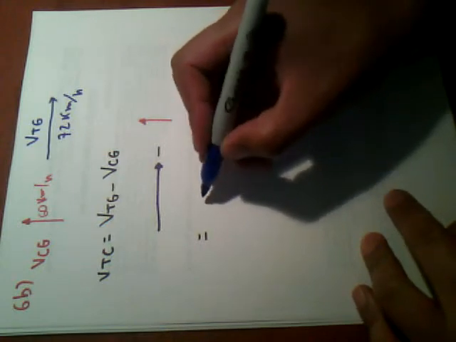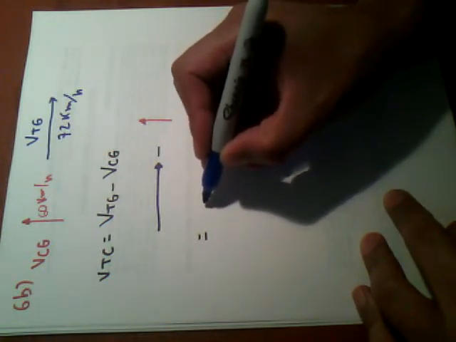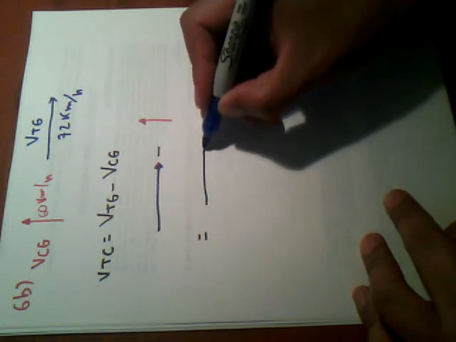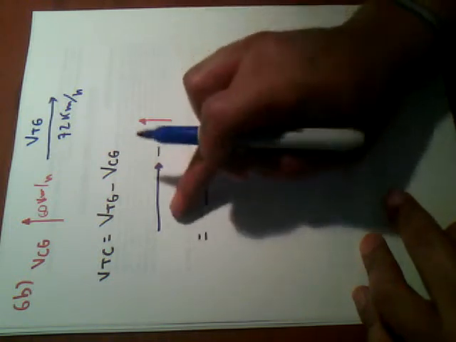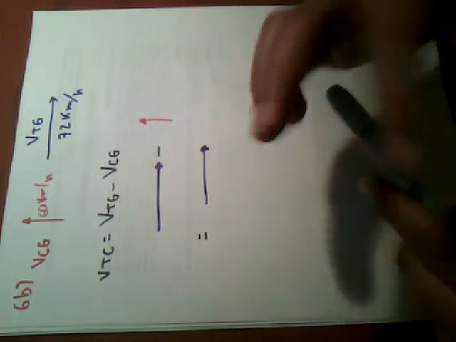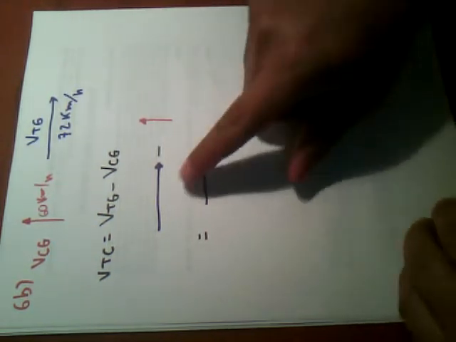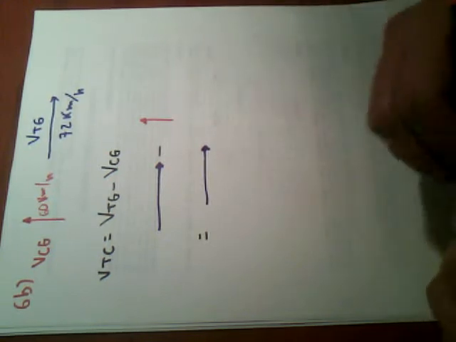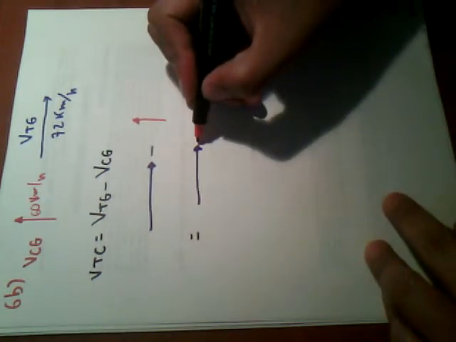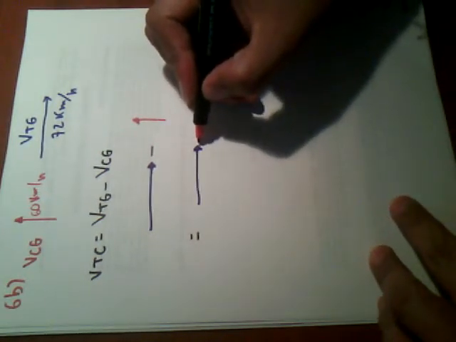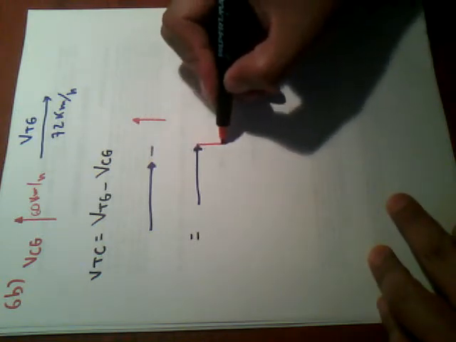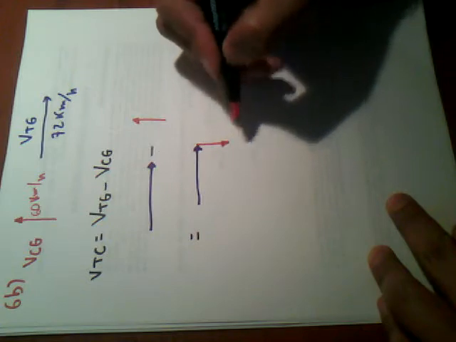So I'm going to do velocity of the truck relative to the ground, which goes like this. I'm doing this operation over here. So velocity of the truck relative to the ground minus this arrow. So I'm gonna draw, starting at this point, the arrow, but because it's negative, I'm gonna draw it in the opposite direction.